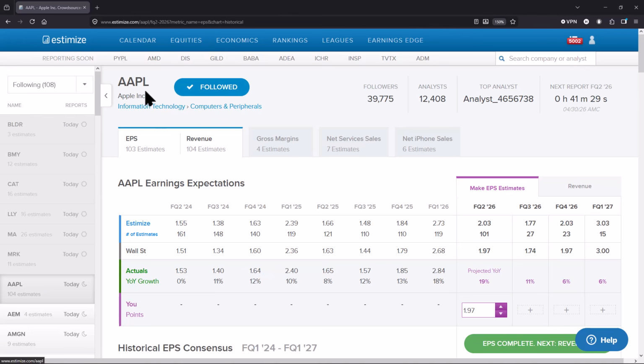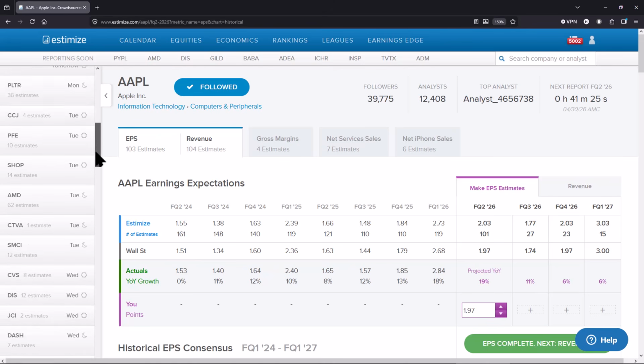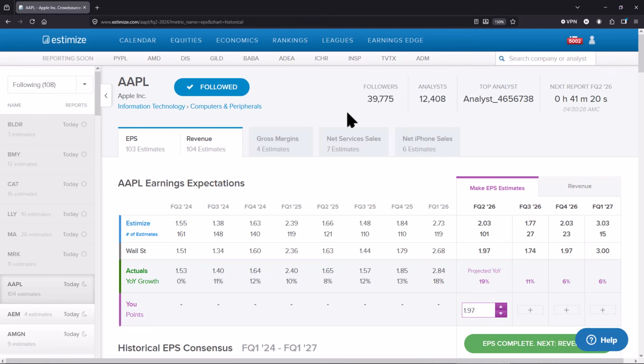So once you've followed all the stocks, and you can see them here on the left-hand side, all the different stocks that I've followed. And if you're saying, Rog, how do I choose which stocks to follow? Choose the stocks that are high concentration weighted in the S&P, NASDAQ, Dow, technology, semiconductors, consumer discretionary, energy, all those high concentration weighted sectors that are in the indices.